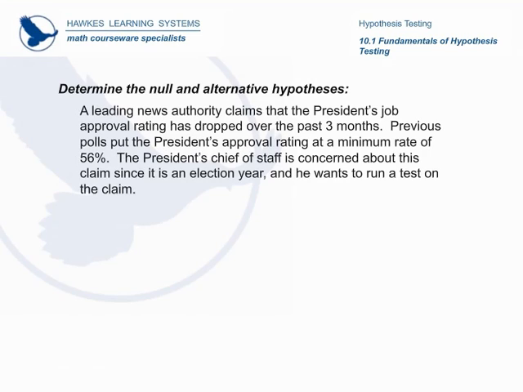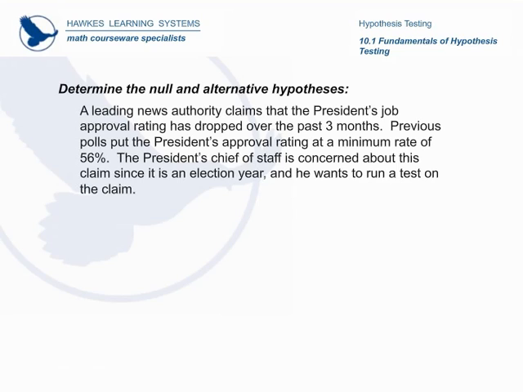Let's take a look at another example of how we state the claims of our hypothesis. This way we'll get a feel for how to collect the scenario information and then write a hypothesis from it. So we'll determine the null and the alternative hypothesis.